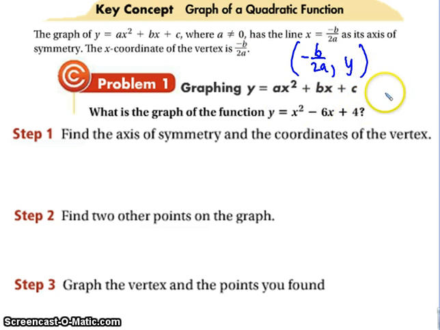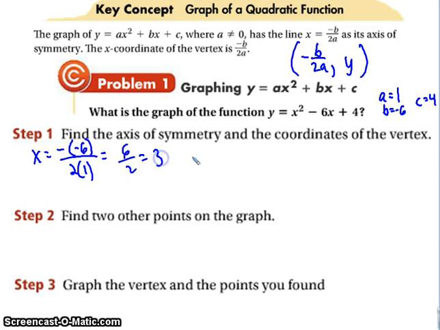Here a is equal to 1, b is equal to negative 6, and c is equal to 4. So we're going to find the axis of symmetry by plugging them in. b is negative 6 and a is 1, so we get 6 over 2, which is equal to 3. So x is equal to 3.